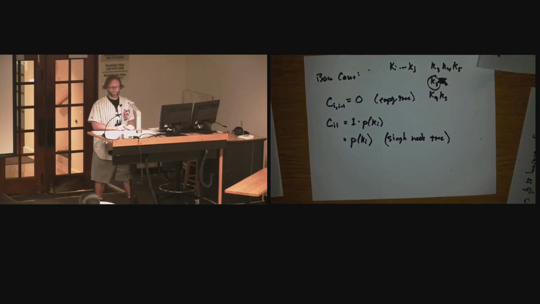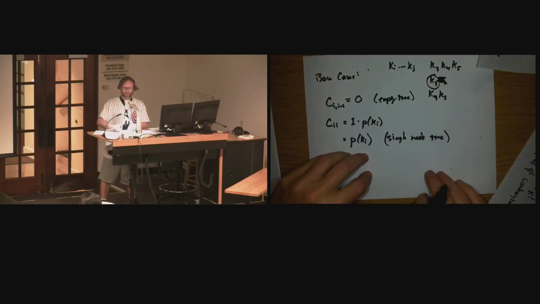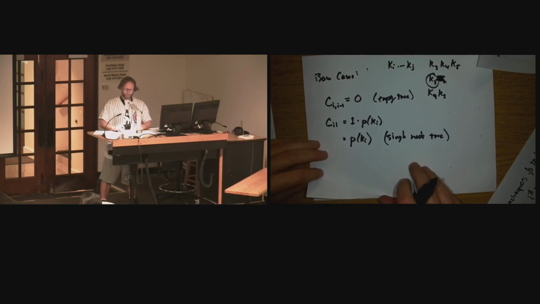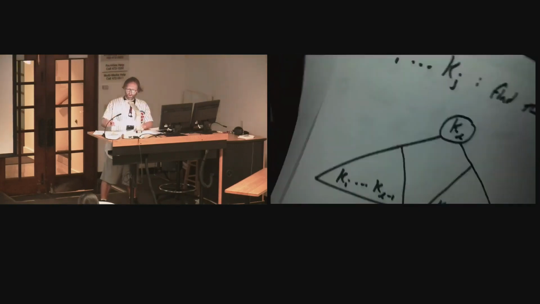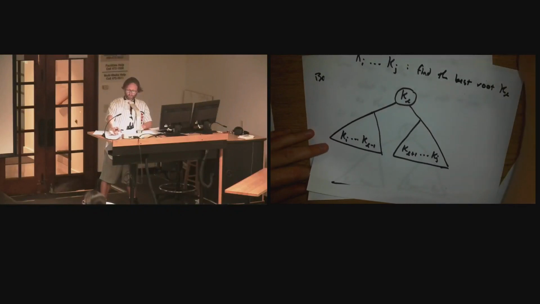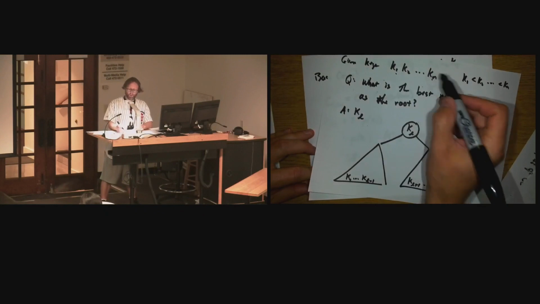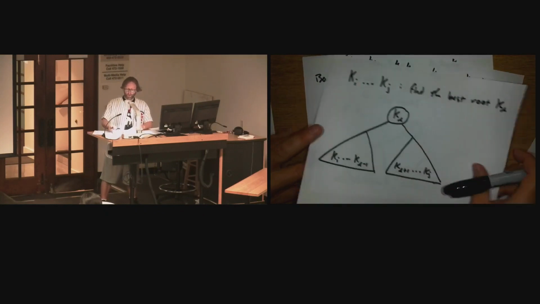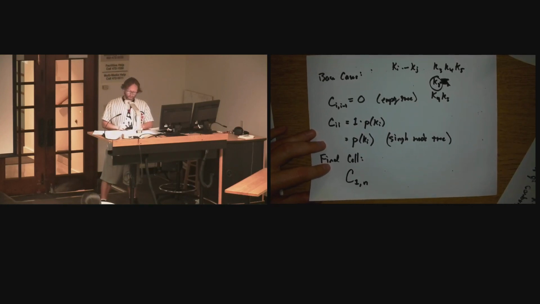Okay? So, applied our recursion. Which one am I interested in? So what's the final cell? The original problem that we're interested in is, given keys K1 through Kn, what tree are we looking for? C sub 1n. That's the point.